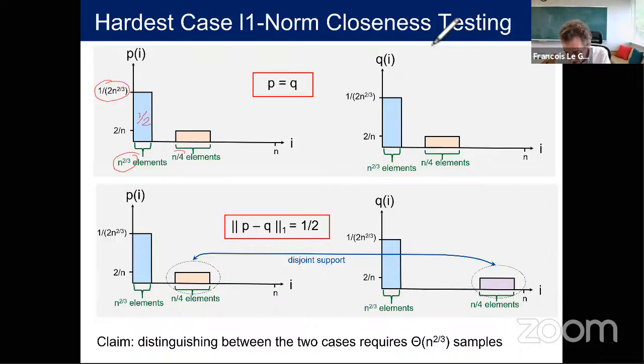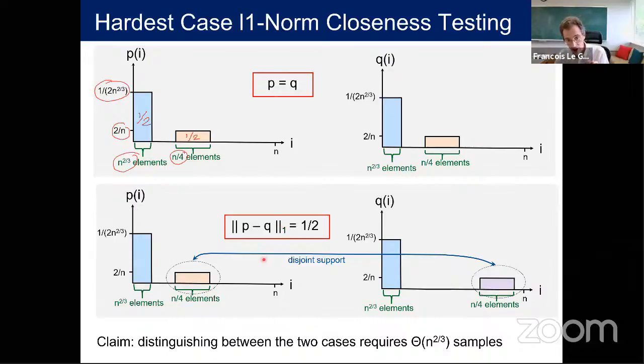Here you have n over 4 elements, each appearing with this probability, so the mass here is also 1/2. What you get is a probability distribution, because the L1 norm is 1. In the upper case, for Q, we take exactly the same. Of course, Q is equal to P, so it's a yes instance for the problem.